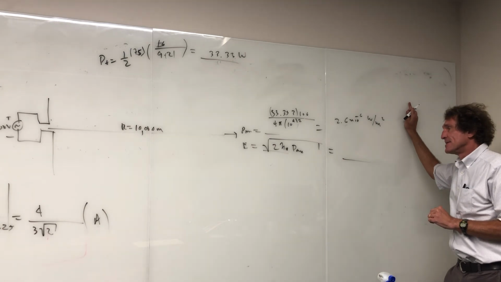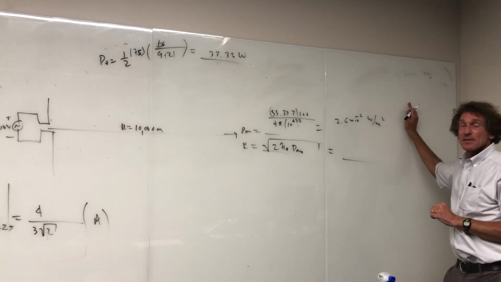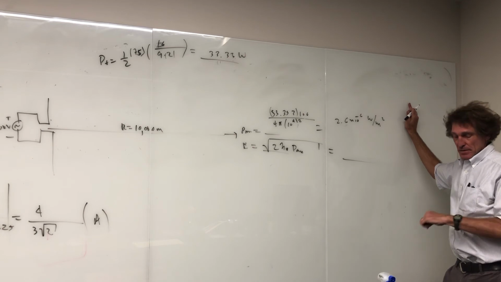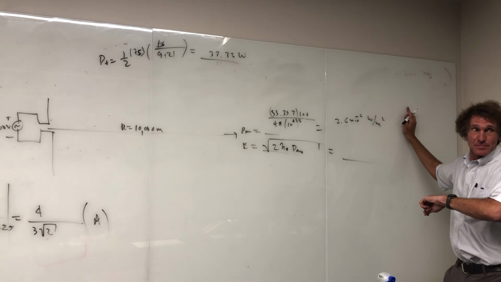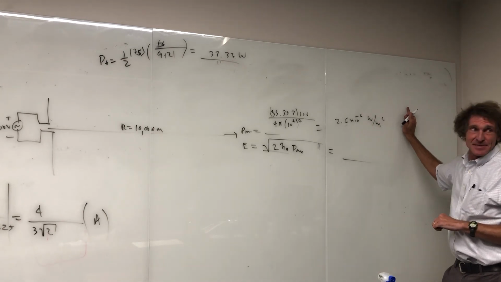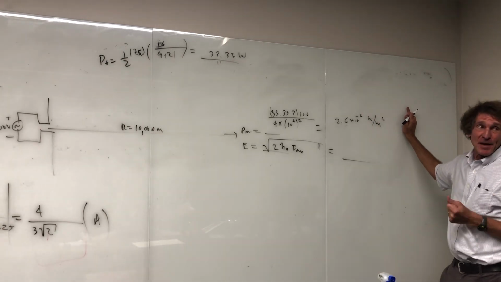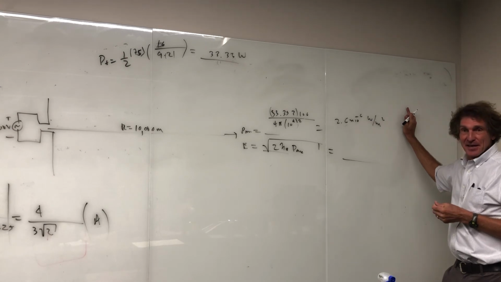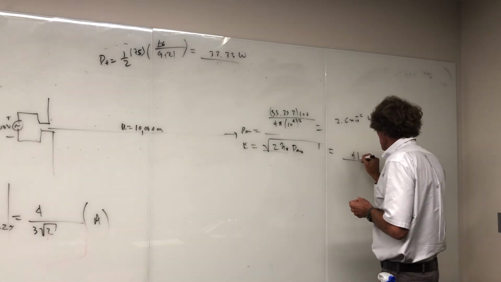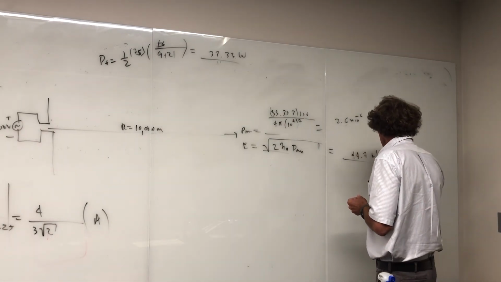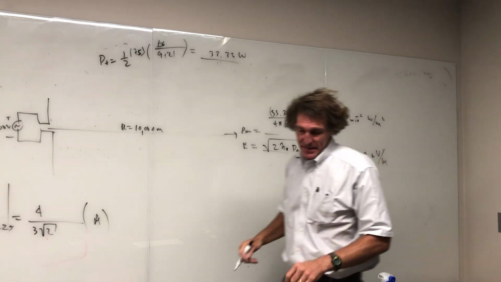Anyone? 44.7 millivolts per meter. All right, that's a concrete example.